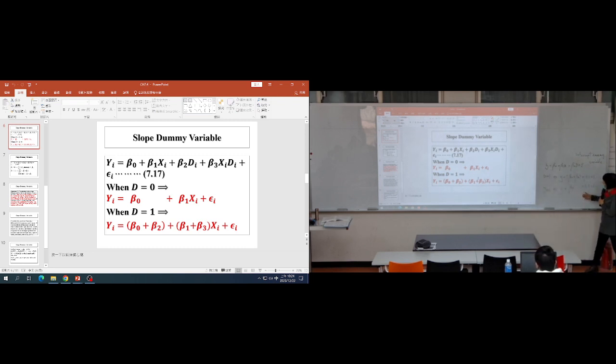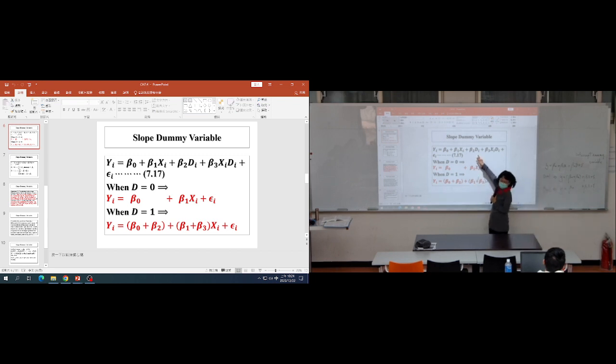Go back to this one. Here, beta 2 only affects the intercept, so we call it an intercept dummy variable. These two have the same slope, beta 1, right? But how come here?